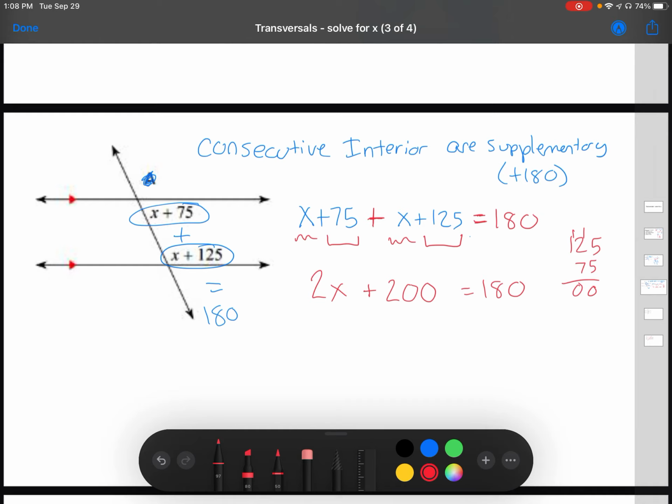I'm going to see if I need to move a variable. In step 3, I do not have a variable to move because I only have 1 x. So I'll skip to step 4, which is to add or subtract. I need to subtract 200 from both sides, leaving me with 2x equals negative 20.